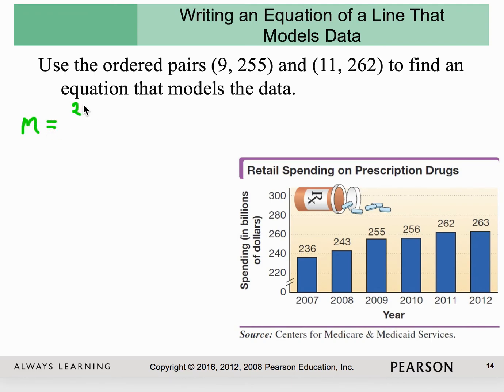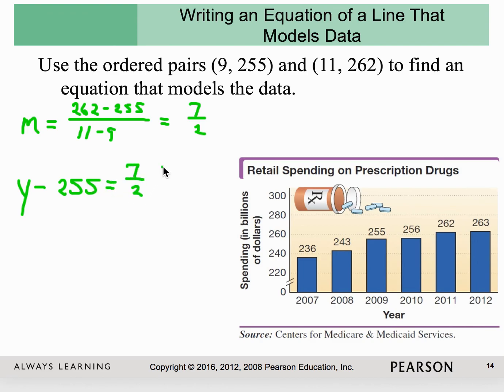So I'm going to say 262 minus 255 over 11 minus 9. So that is, what is that, 7 over 2? Now that I have a slope, I can use either of those points. I'll use this one. So y minus the y coordinate equals m times x minus the x coordinate.